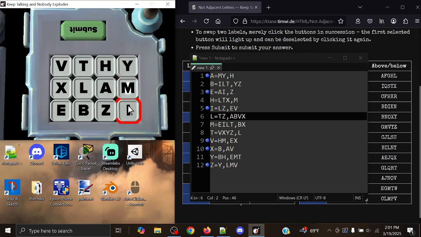So it's probably not this then, because if we swap the India up here, we can then maybe put the Echo below it. Let's give that a try. So the India is then supported by the Echo. The Mike is supported by the X-Ray. The Bravo is not supported by anything.